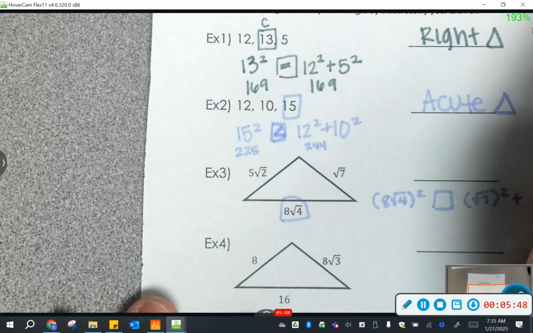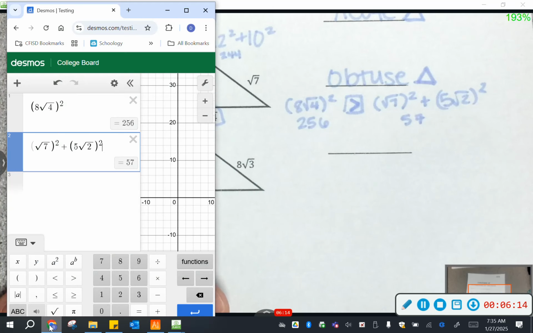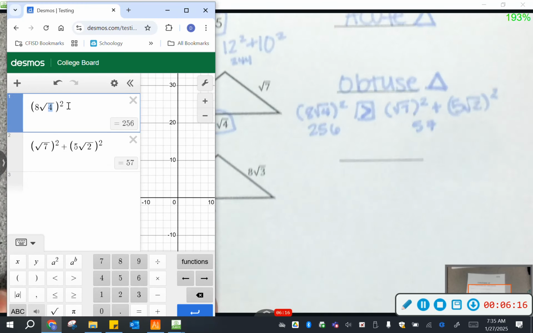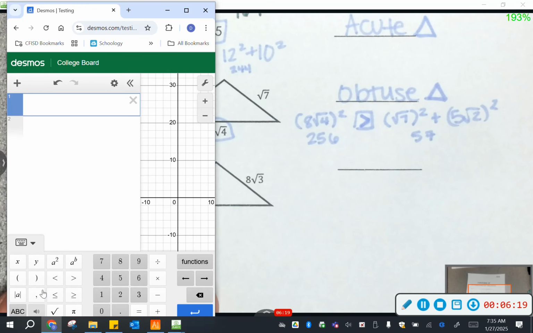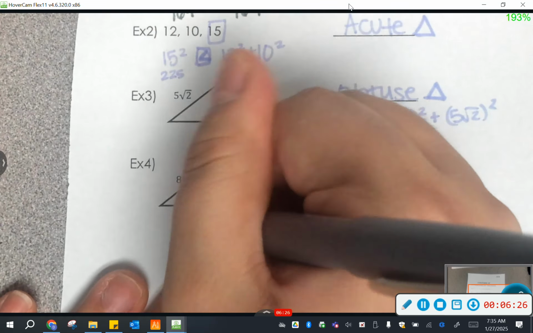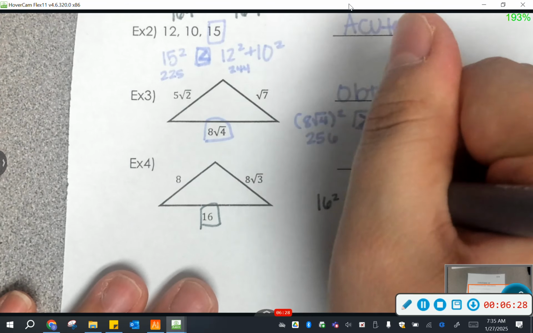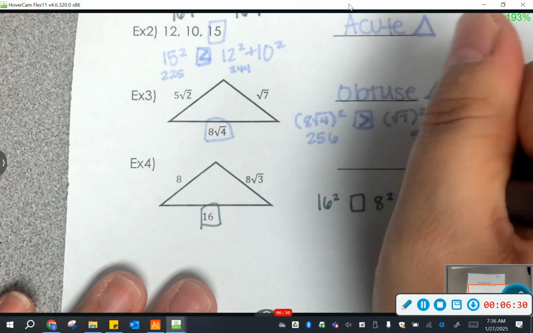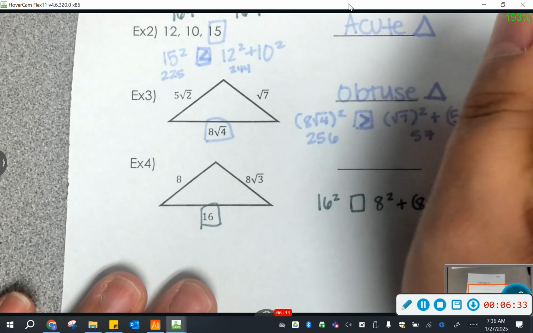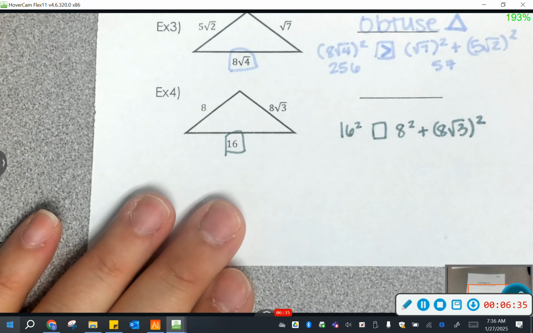You do this last one. Go. Put it in your calculator.